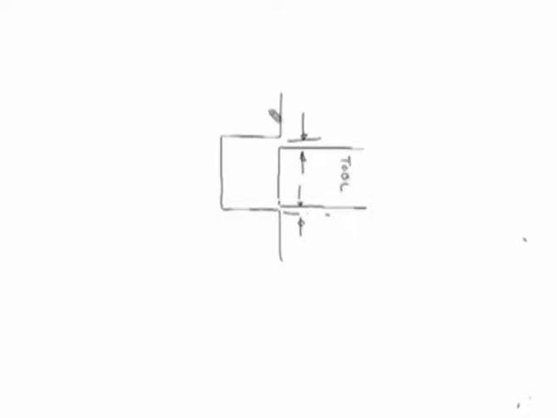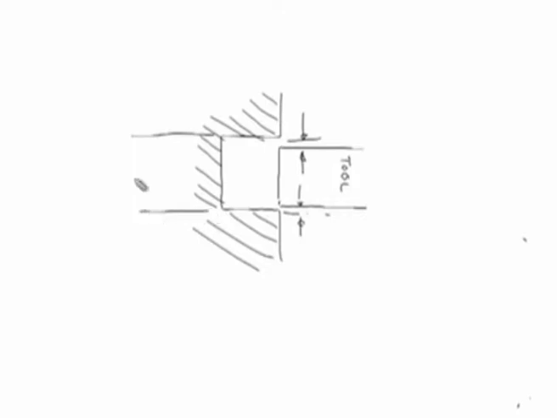This is the tool and this is considered to be the workpiece and this is the size of the say tool hole diameter. Then tool diameter should be say this is D tool and this is D hole.